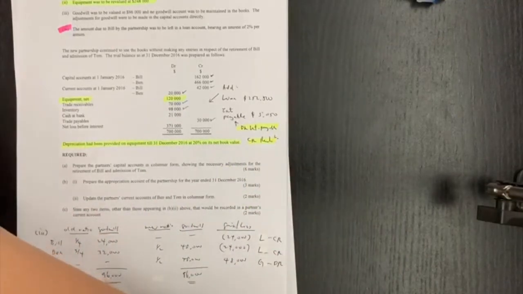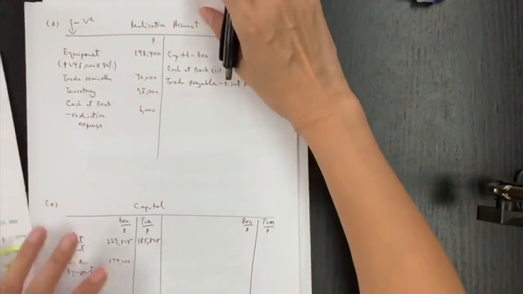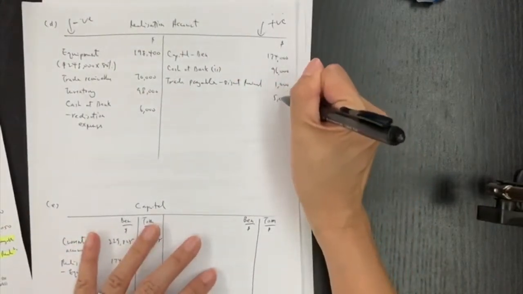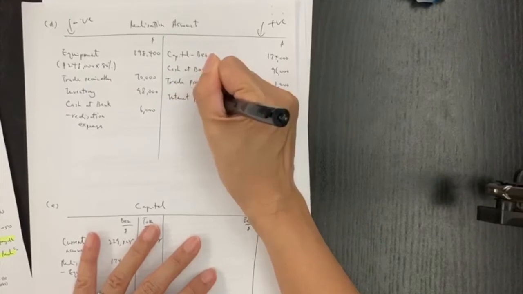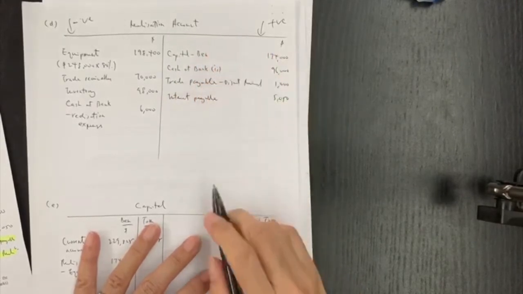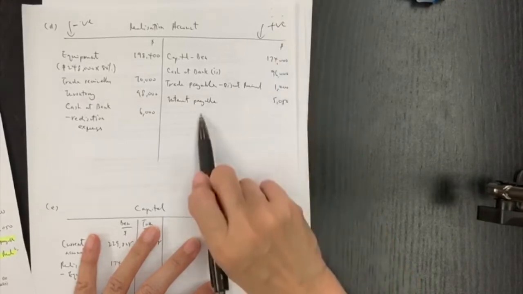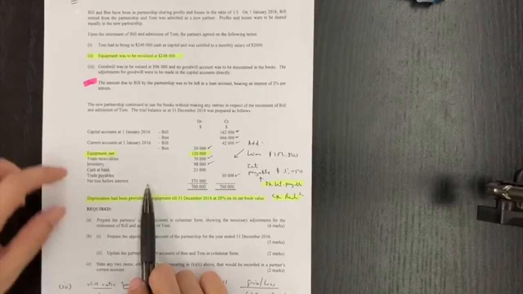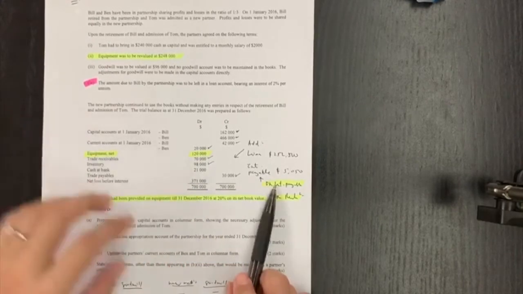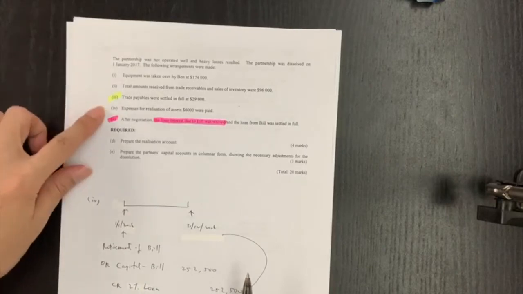Okay, so therefore I go to my realization accounts. So this 5,050 will be interest payable to be waived, to be treated as a kind of positive thing in the realization account. Okay, so finally we have closed everything in the trial balance, and also we have gone through all the additional information.